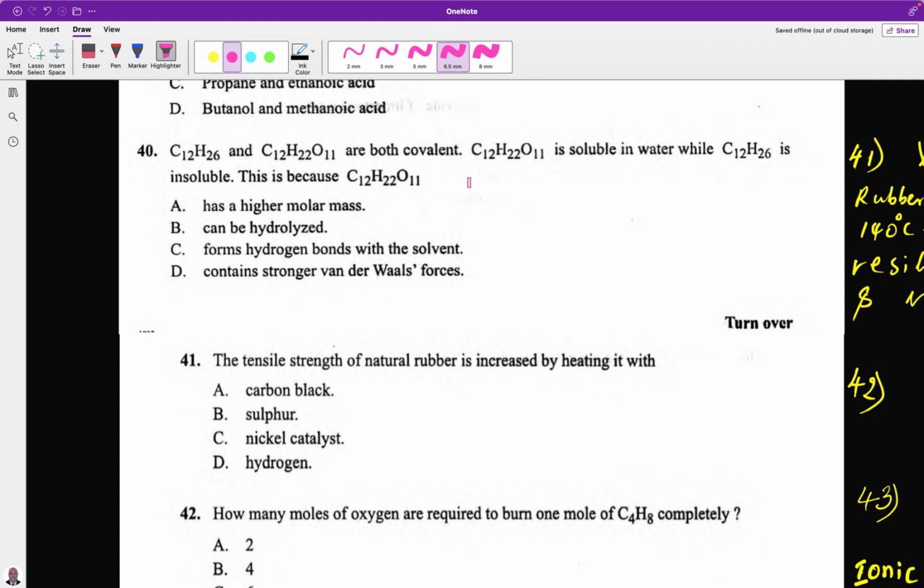In that case, this one can form hydrogen bonds with water, so it forms hydrogen bonds with the solvent. So C is our answer.